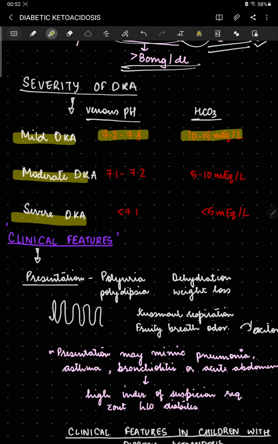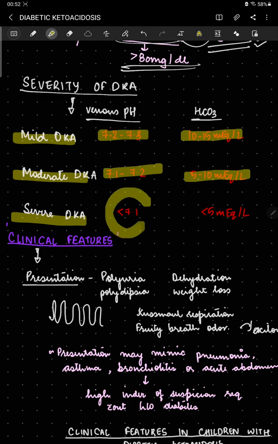Moderate DKA is labeled when the child's venous blood pH level is 7.1 to 7.2 and the bicarb levels are 5 to 10 milligrams per liter. We call it as severe DKA when the pH is very low, less than 7.1, and the bicarb is less than 5 milligrams per liter.